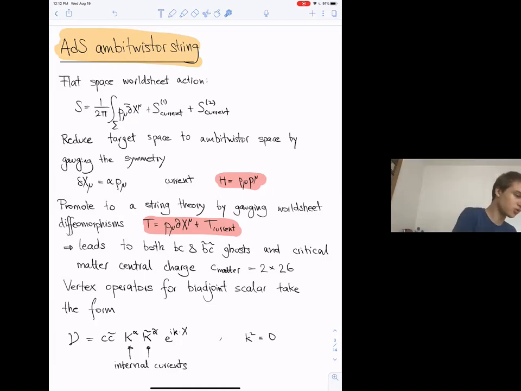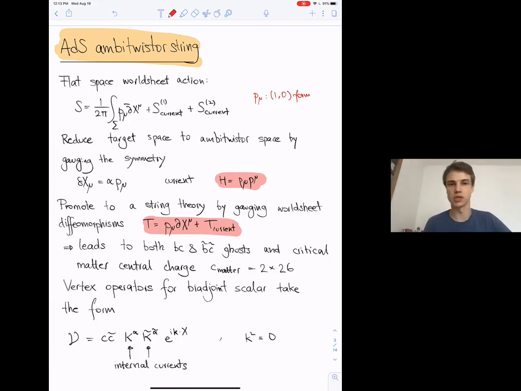And similarly, you should also note that there is just a d bar. There's no d as in the physical string. So in particular, the P_mu will need to be a 1-0 form on the worldsheet. So it will turn out to be purely holomorphic, and the X is a scalar.